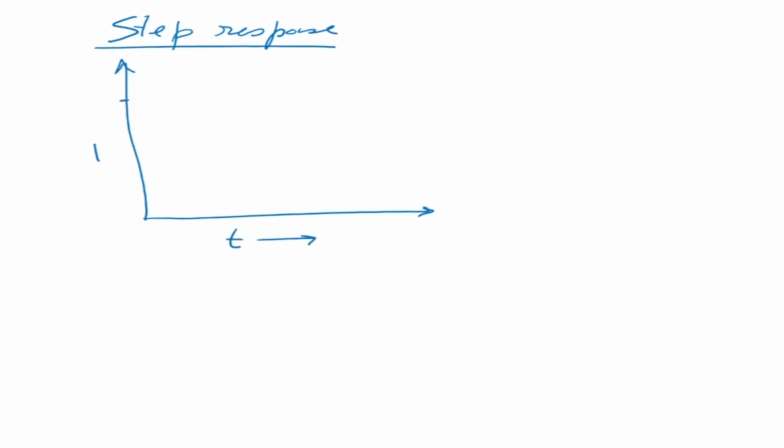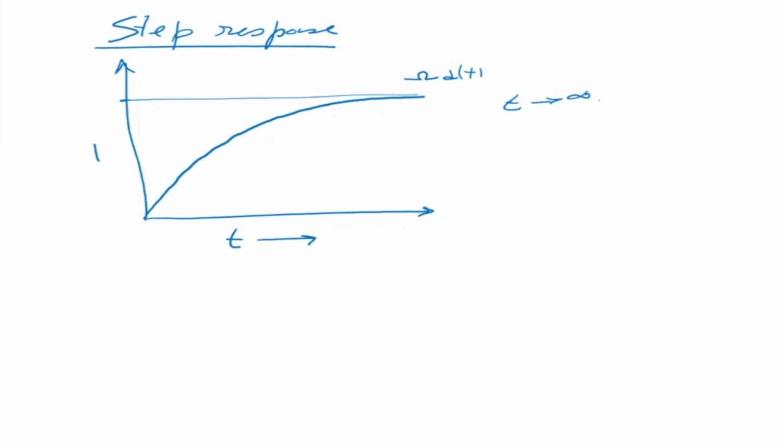The response will go up like this and very slowly settle. As time goes to infinity, it will slowly become equal to the desired value. This is the step response of this system.